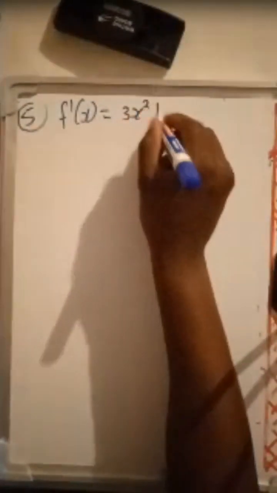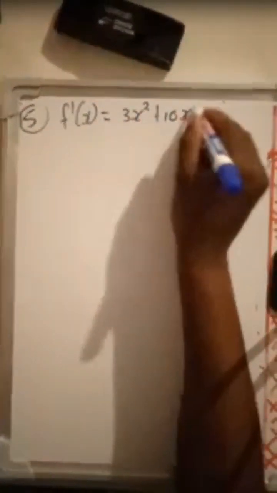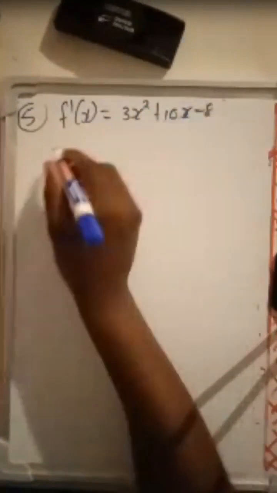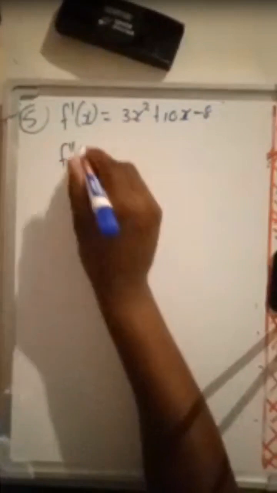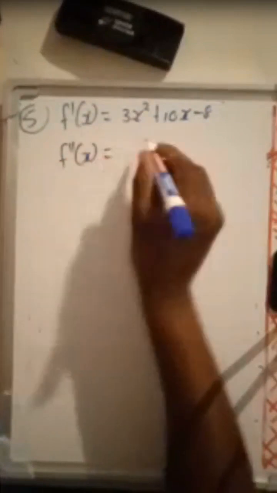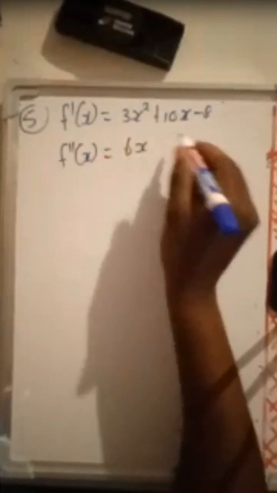Number 5 says, calculate the x coordinate of the point of inflection. That is simple. The first derivative we got as 3x squared plus 10x minus 8. Now, the point of inflection, remember, is where the second derivative is equal to 0. So this is 6x plus 10.